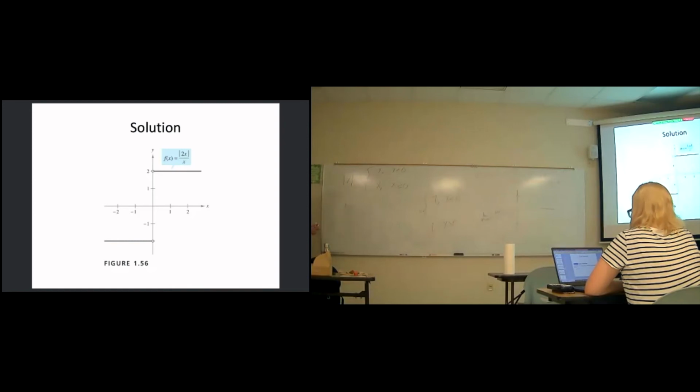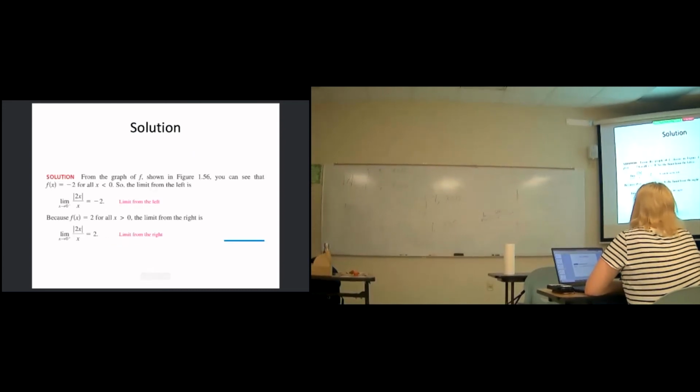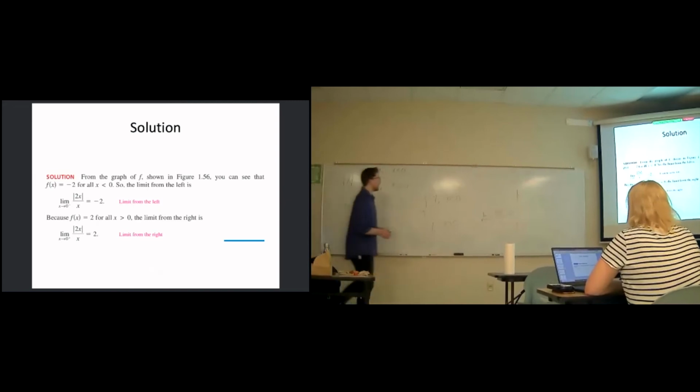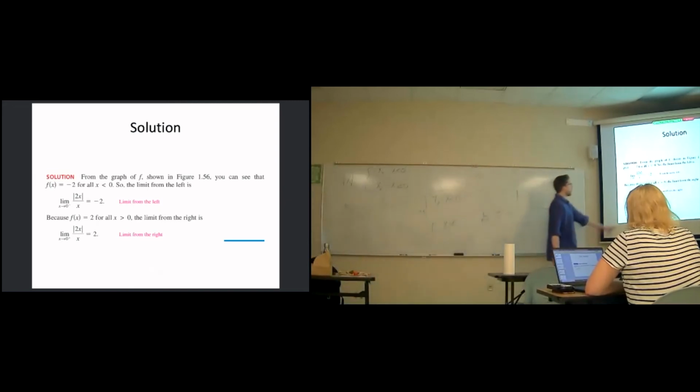Cool. So something to be aware of with piecewise functions: be mindful of how limits behave. So again, compare the limit of the left to the limit of the right.